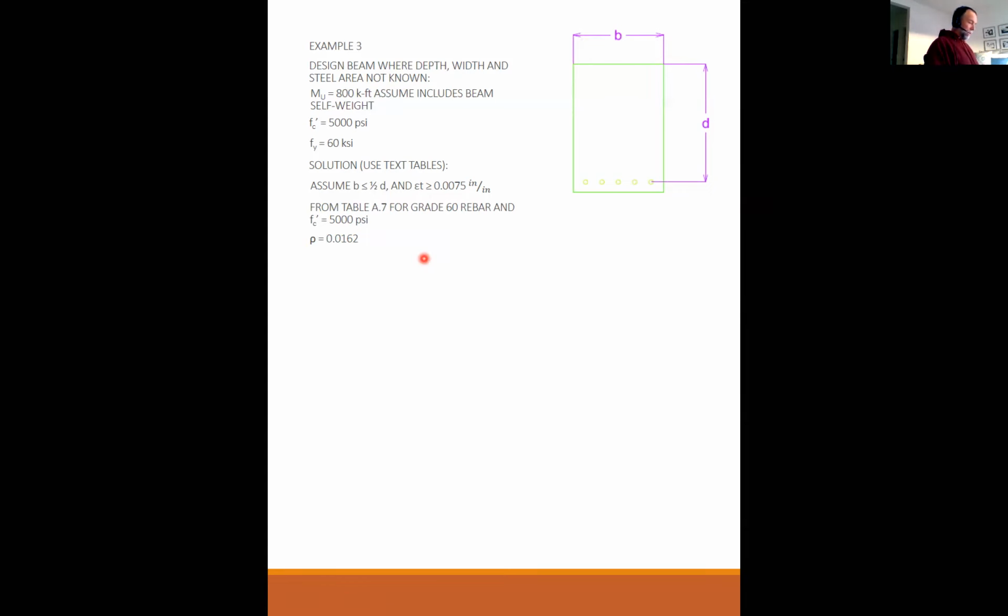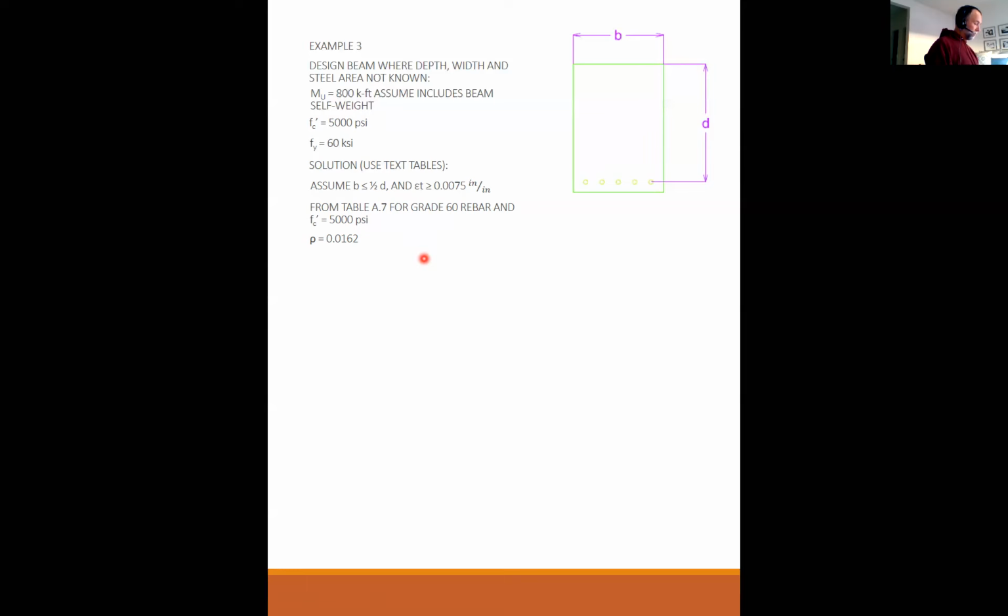Okay, so if you have your textbooks, and you go to table A.7, you have a matrix here, and you go over until you get to the 5,000 PSI column. You go down until you get to the grade 60 rows, and then the rows are labeled rho balance, rho when epsilon sub t is 0.004, epsilon t is 0.005, epsilon t is 0.0075, or epsilon minimum.